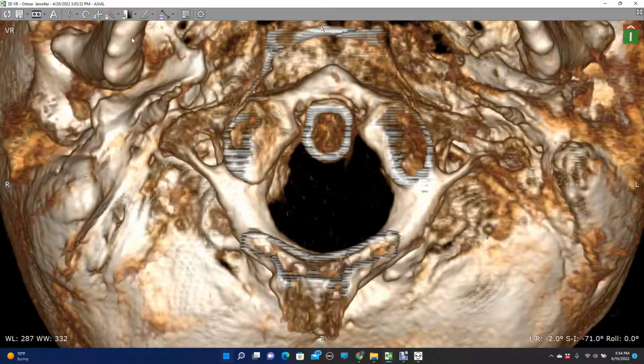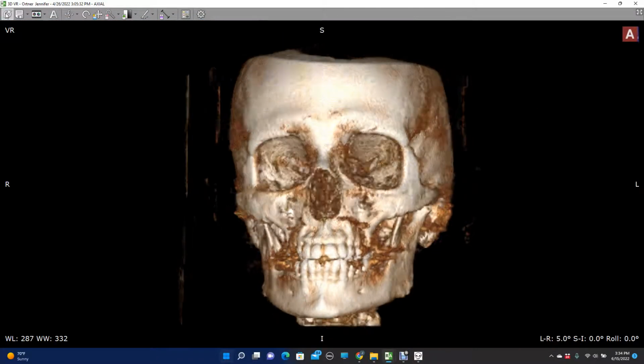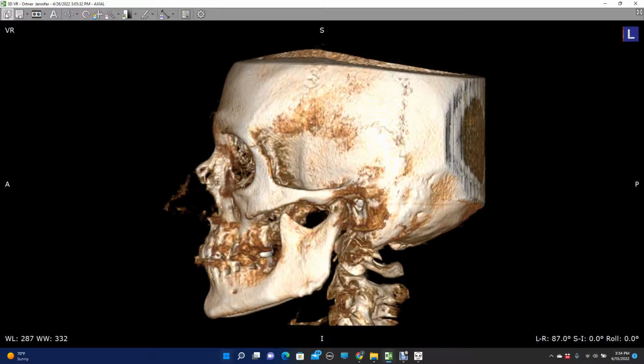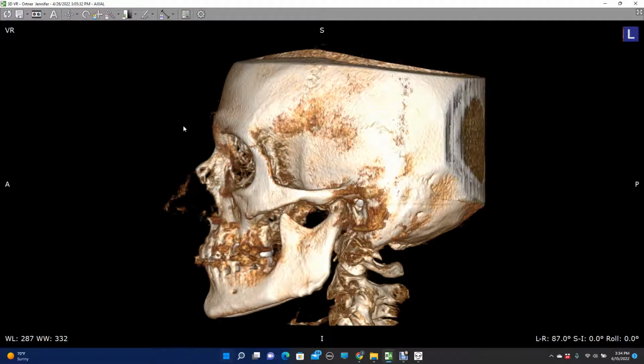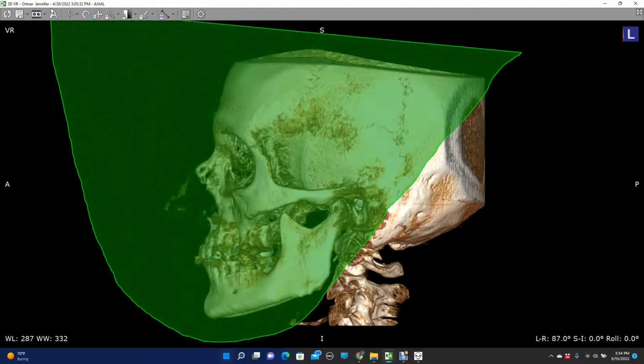We have nearly all of the measurements we're going to need except for our C over A. And I definitely prefer to do the C over A measurement in NPR, but it is possible to do it in 3D. The best way to do it is to bring the image lateral and then scalpel the entire skull right through the middle of C1 and C2 and the whole front of the face.